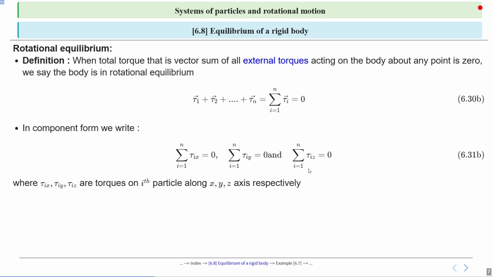Yes or no? So there is a main difference between translational equilibrium and rotational equilibrium. What is that?